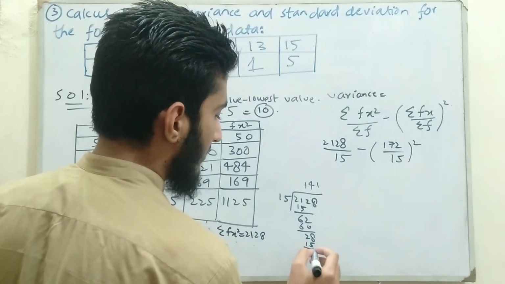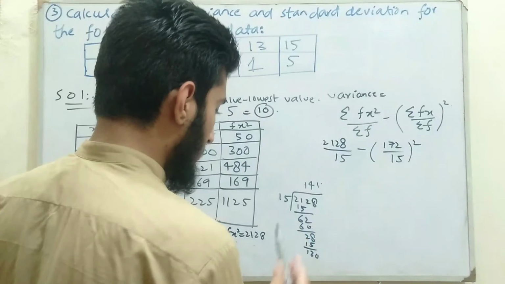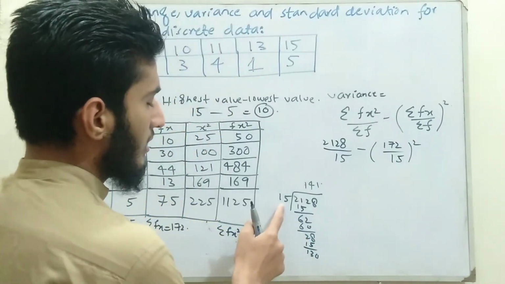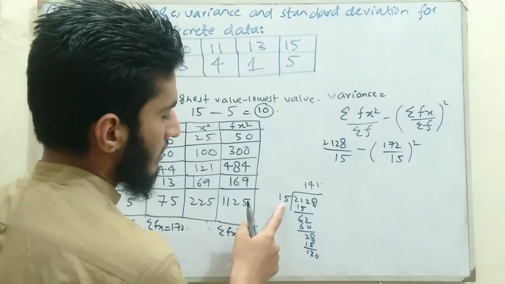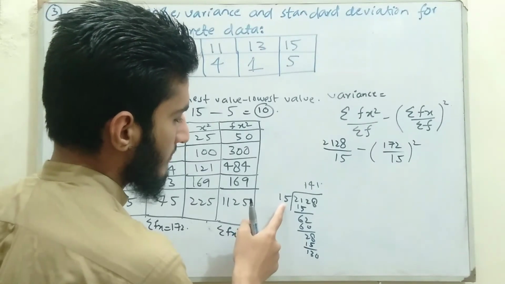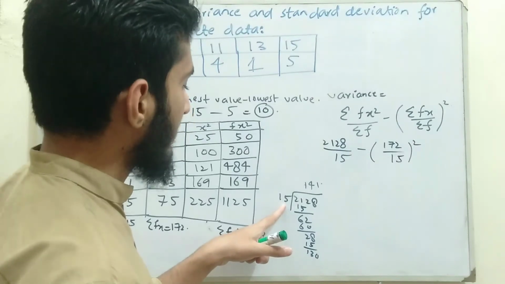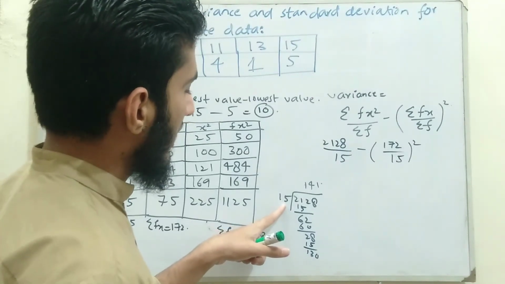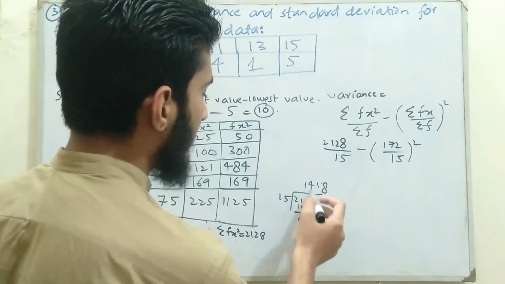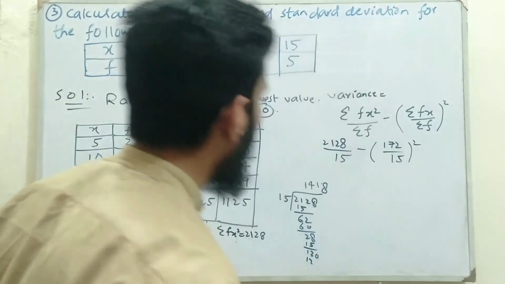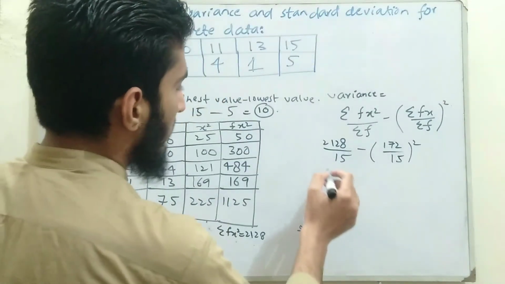After this 8 and 5, it gives us 13, 0 and point. 15 multiplied by 6 gives us 90, 15 multiplied by 7 gives us 105, and 15 multiplied by 8 gives us 120. So the required answer is 141.8.